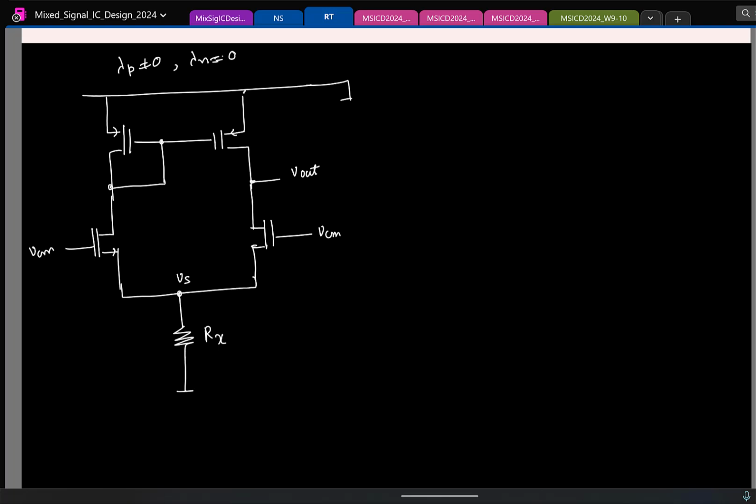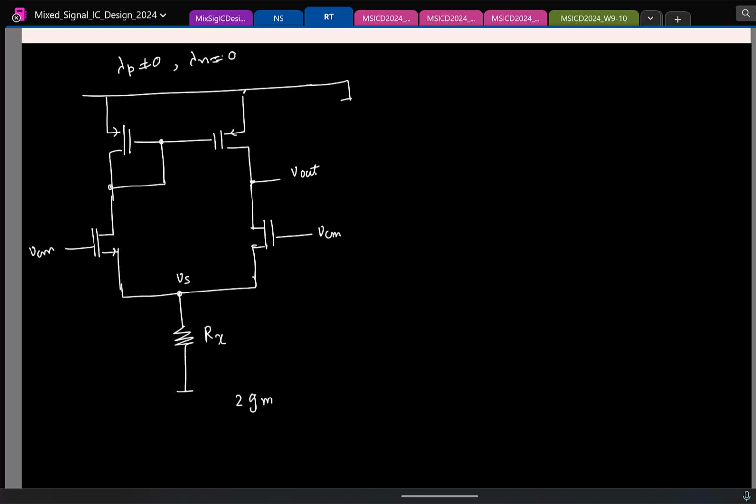Just work it out and tell me. If you're not able to say it by inspection, it's completely fine. No one will be able to just look at it and say it in the first go. You solve it, see the result and try to make sense of it.